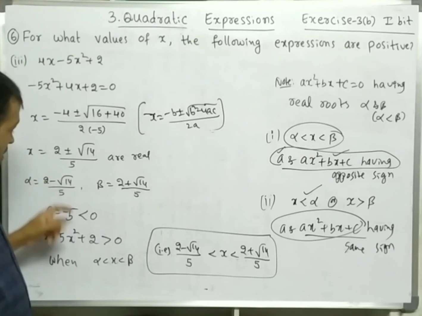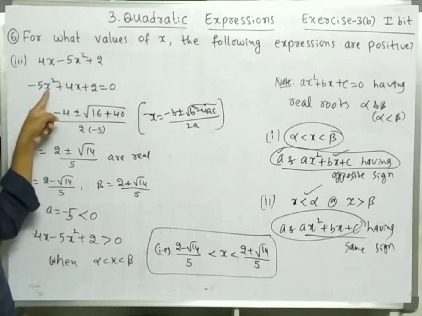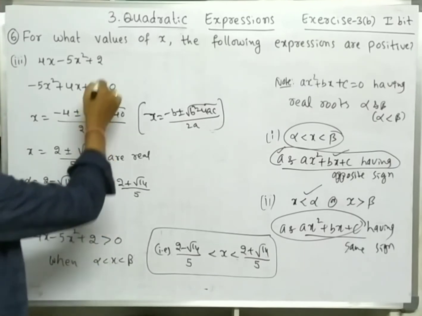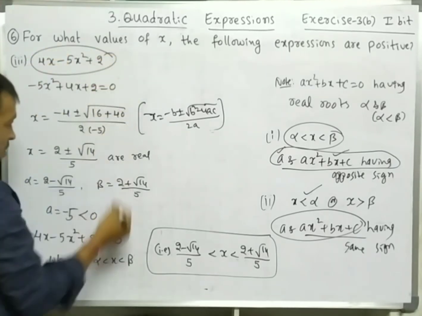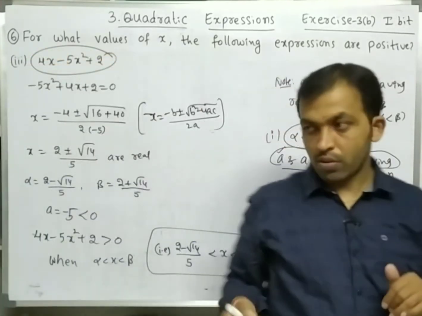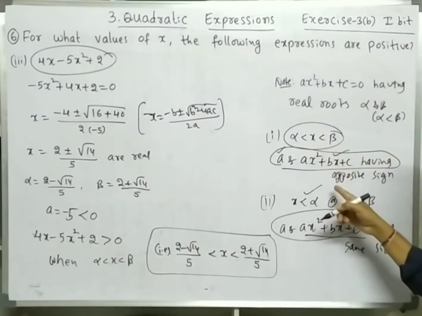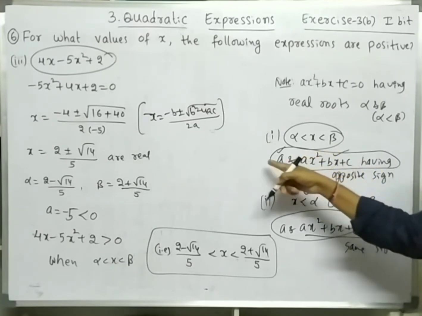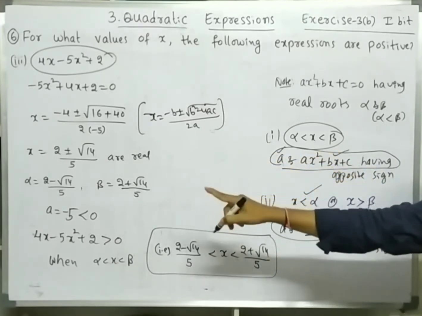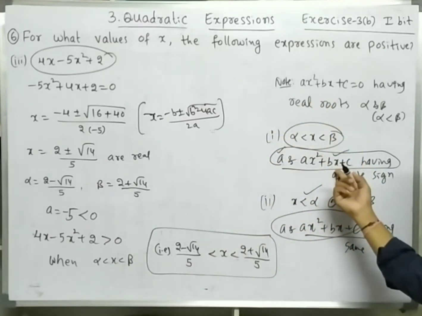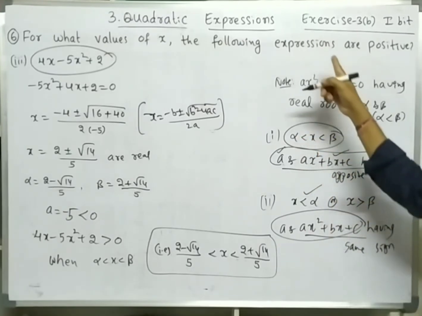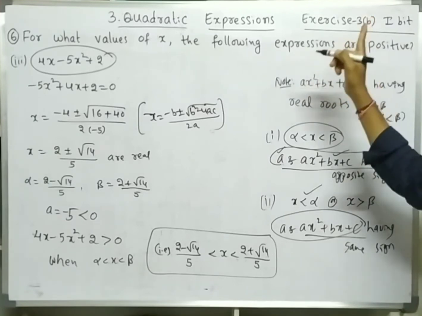So here the value of a, that is x square coefficient, that is minus 5, which is negative. Then when the given one is positive, okay, when it is positive. So here observe the cases, both are having opposite sign. Here a is negative, so the quadratic expression is positive when alpha less than x less than beta. The question is when the expression is positive.